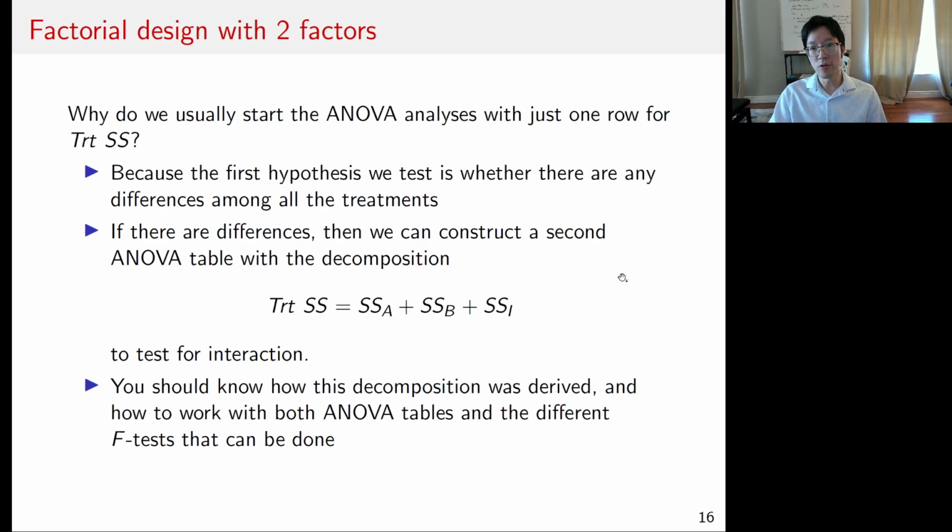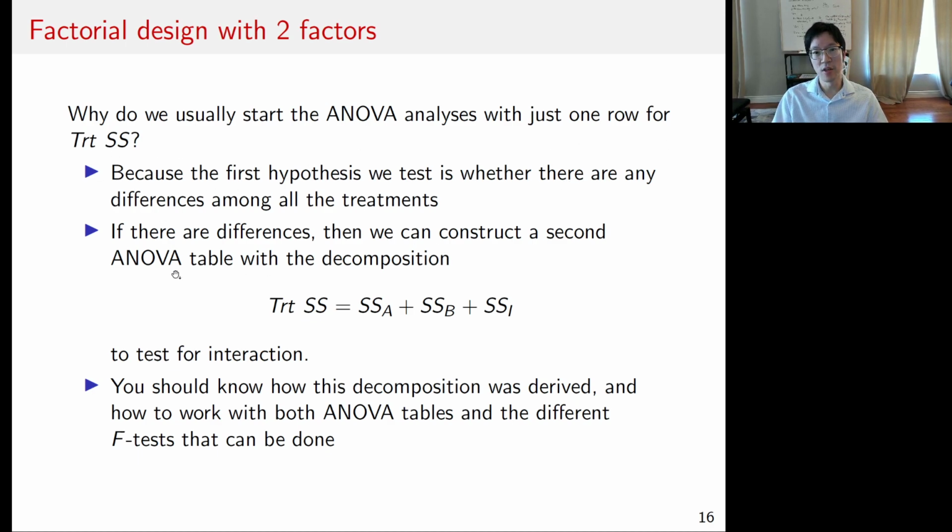Good. All right, so taking the ANOVA for this case now, we learned that we can take the treatment sum of squares and break it down into the three components for the two main effects and the interaction. Usually before we do that, the first thing we test is we use the CRD ANOVA table to test whether there's any difference among the treatments.